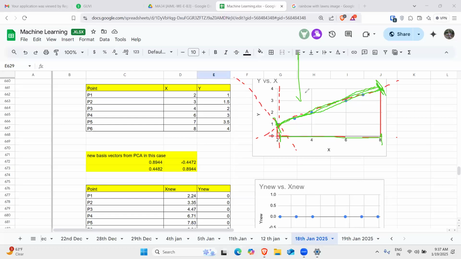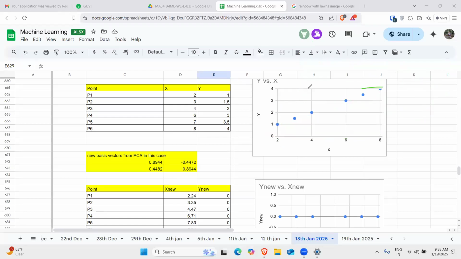And this is why we are finding basis vectors. Why? Because in a basis vector, we get the direction. Direction of what? Direction of maximum variance. And that is what the idea is, right? Here on the x and y axes, we are not getting the maximum variance.